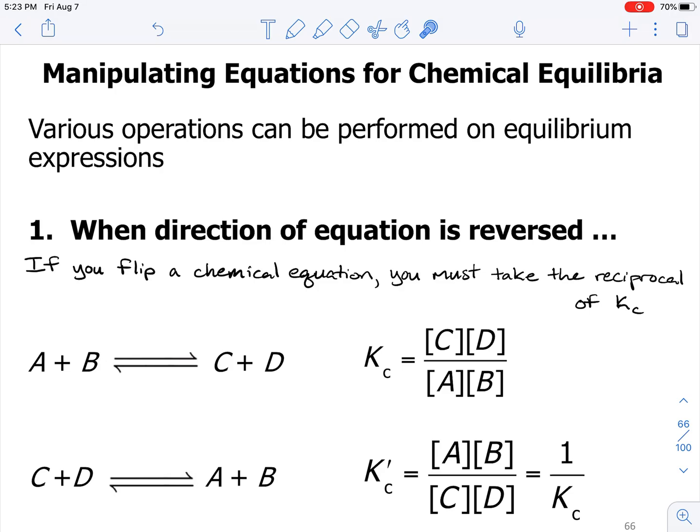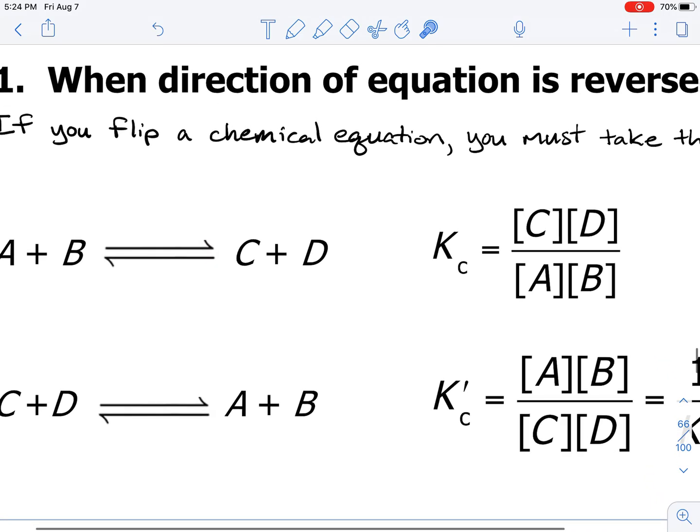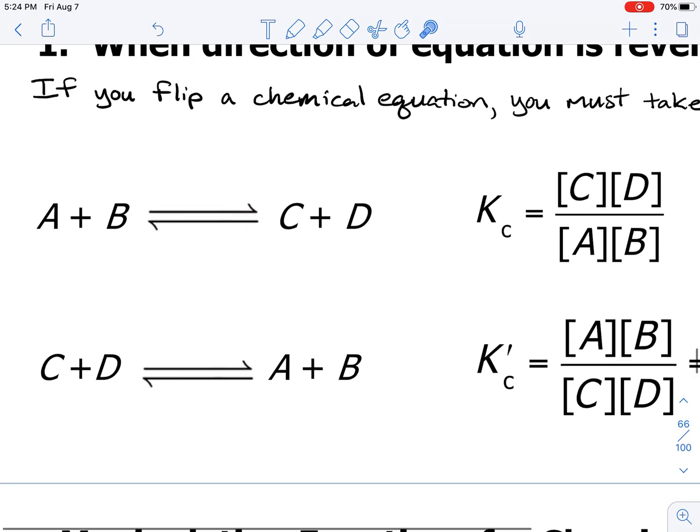Let's look at the first tool that we want to put in our bag. Let's say that you wanted to flip a chemical equation. If you flip a chemical equation, what do you do to the equilibrium constant? In this case, we're going to take the reciprocal of the equilibrium constant, and we'll see why in just a second. Let's visualize this process first.